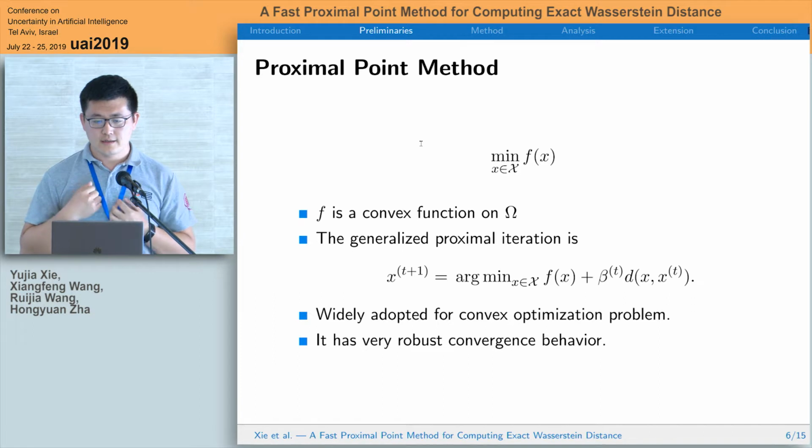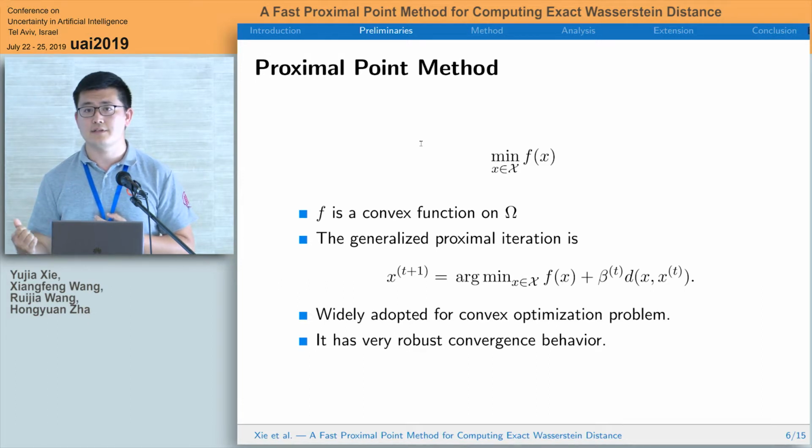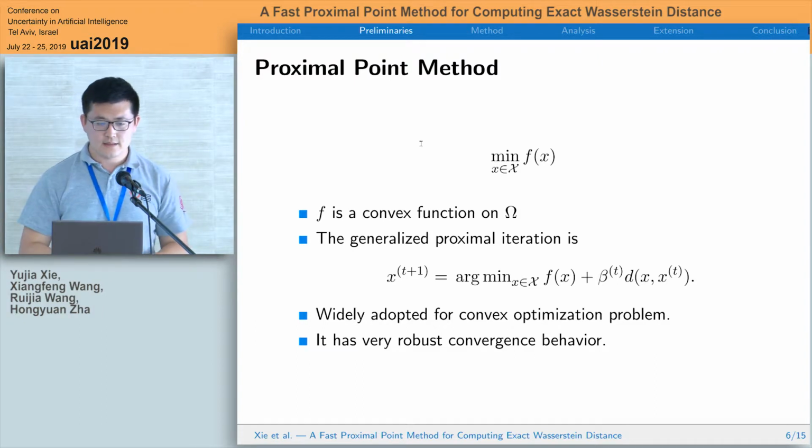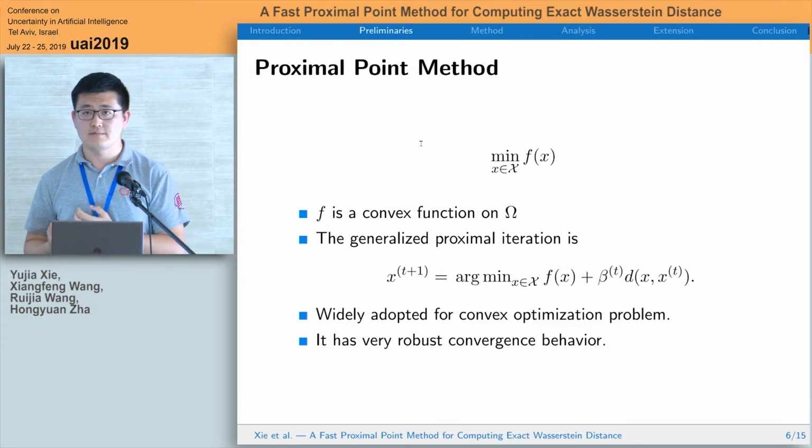We get a new point based on an approximation function, while a proximal term is added, defined based on some distance metric, for example the Euclidean distance or Bregman distance. The proximal point method is widely adopted for convex optimization problems and has very robust convergence behavior. So we want to combine the proximal point method and the Sinkhorn algorithm.